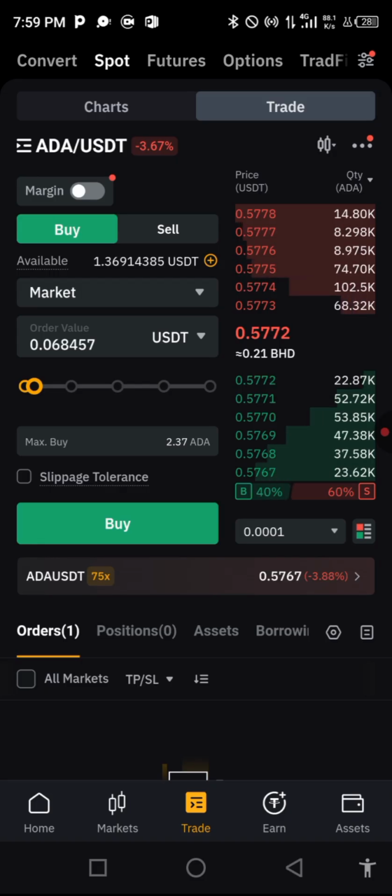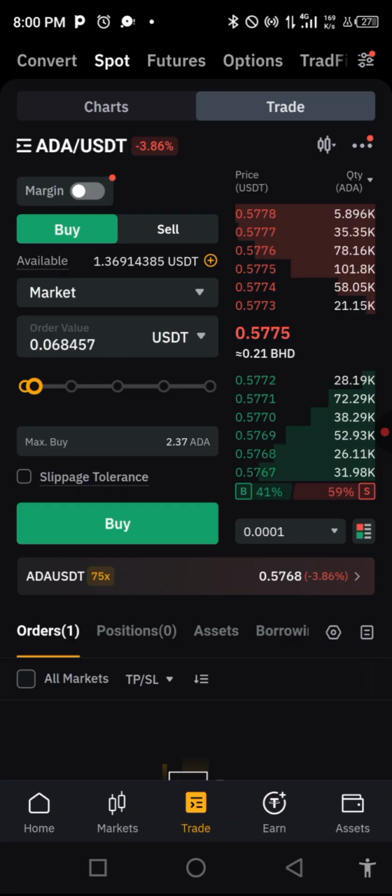And mind you, once this one is executed, you will not see it here. You can only see it under assets. And also take note, like I said earlier, in spot trading you are buying an asset, right? And you can actually transfer the asset to any exchange you want to transfer it to, right?